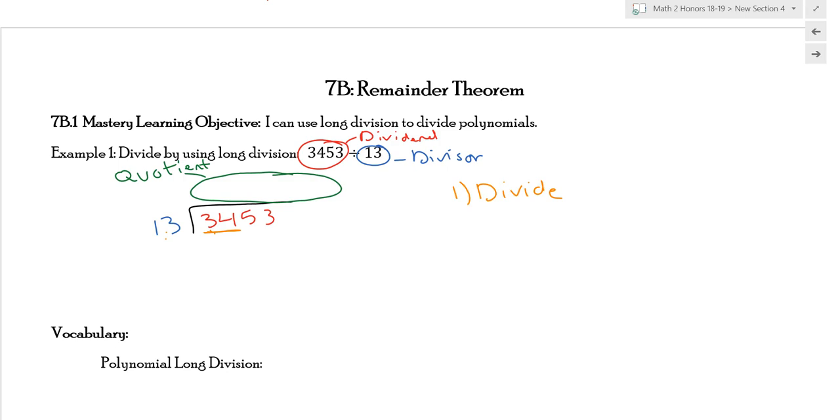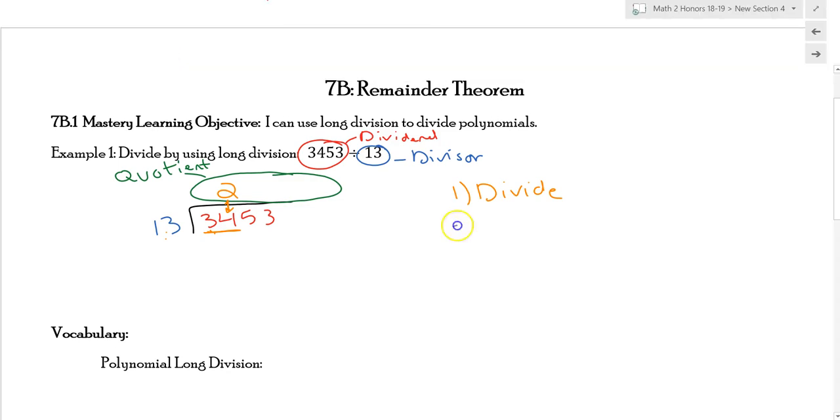So 34 divided by 13. That does divide. All you have to do is think about how many times 13 goes into 34. Well, it's 13 and then 26. The next one would be 39, so it doesn't quite fit 3 times. It fits only 2 times. The biggest thing is lining up your work. This was our last place that we were looking at, right? So the 2 lines right up over that 4.